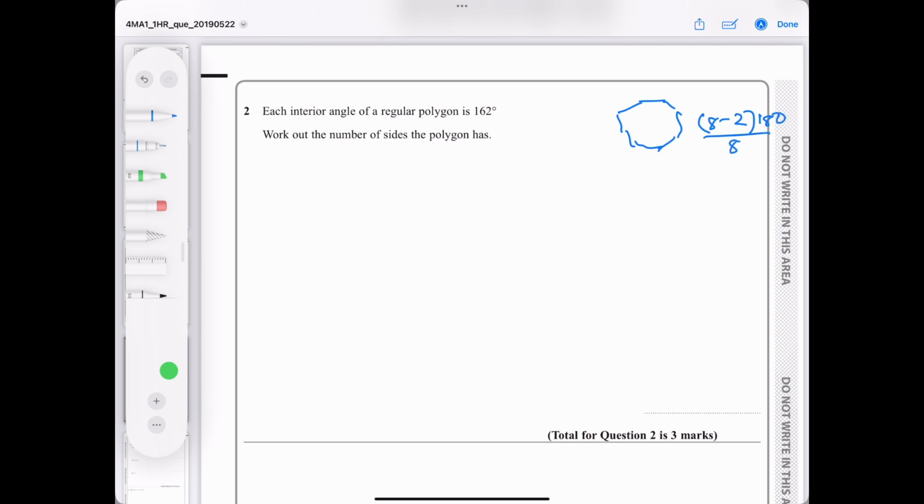So we don't know what the sides are, so the 8 is what's missing. So we're going to say n minus 2 times 180 over n equals 162.